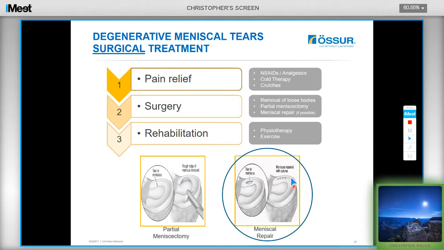And some of that is the location, some of it is the tear types and patterns, but also the meniscus tends to undergo degenerative change, much like other connective tissue. And given that it's predominantly collagen fibers, it stands to reason that essentially it becomes a little bit more brittle as we age.